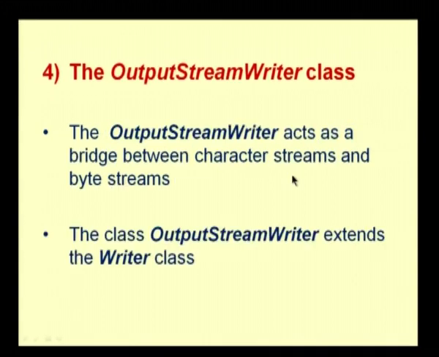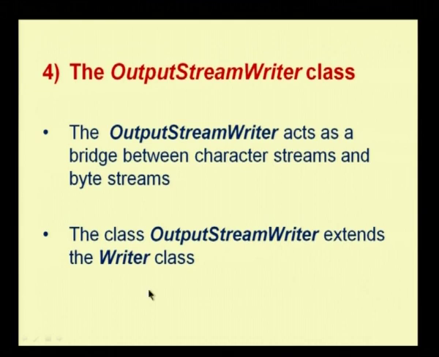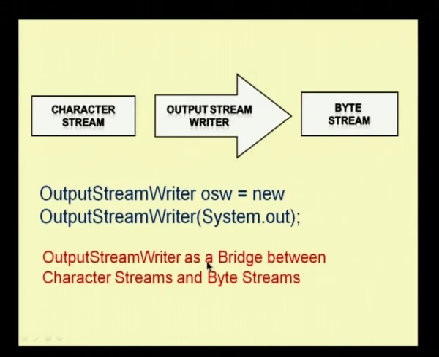So next is your OutputStreamWriter. Your OutputStreamWriter acts as a bridge between your character streams and your byte streams. We have already seen about InputStreamReader. Similar to InputStreamReader, your OutputStreamWriter could act as a bridge between two different streams. The class OutputStreamWriter extends the Writer class.